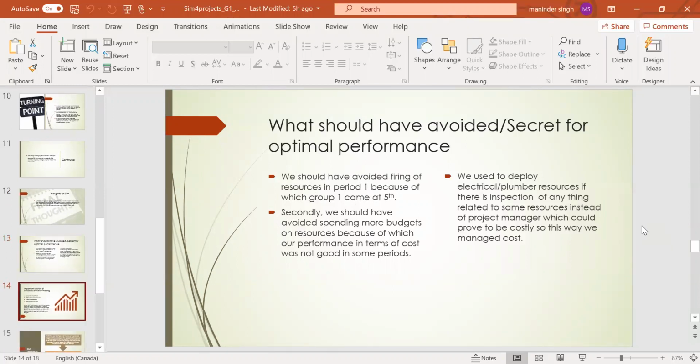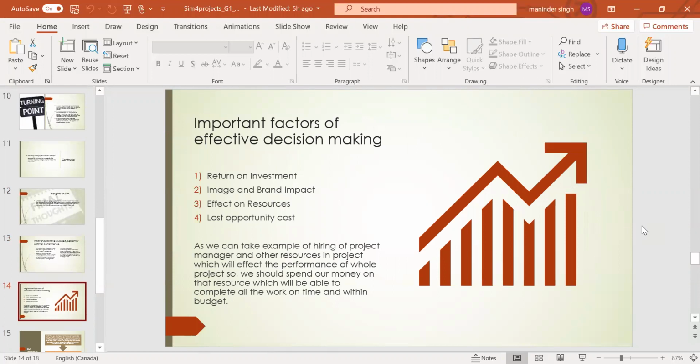And moving forward, the important factors of effective decision making. Starting with the first one, it is return on investment. In the project, we should spend money on those resources from which we can get a return on investment. The second point is image and brand impact.